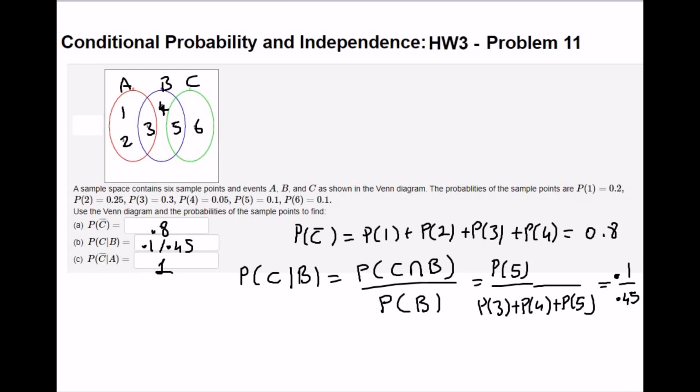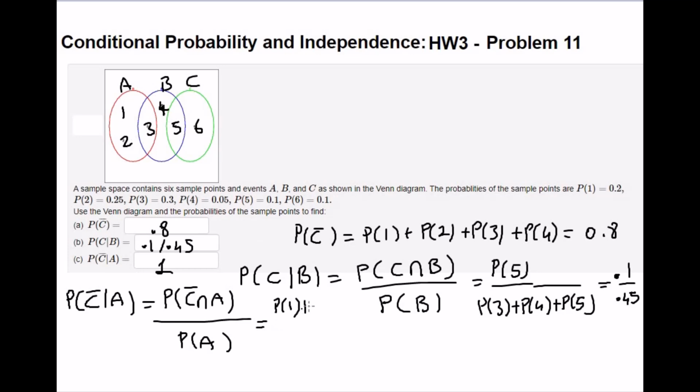Part C is asking probability of C naught given A, which is probability of C naught intersect A over probability of A. You can substitute C naught intersect A. C naught is everything else but C, which is 1, 2, 3, 4, and intersected with A, you obtain 1, 2, 3.